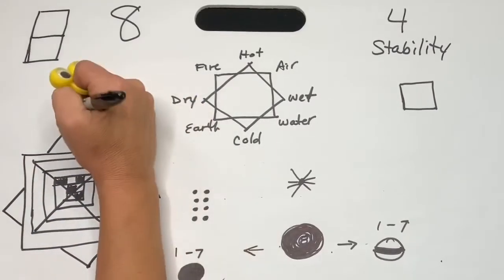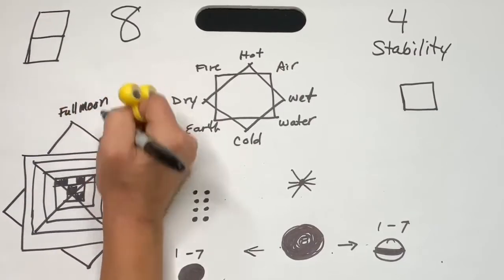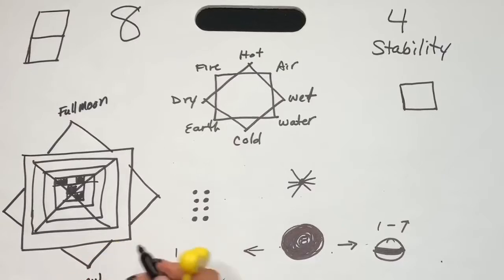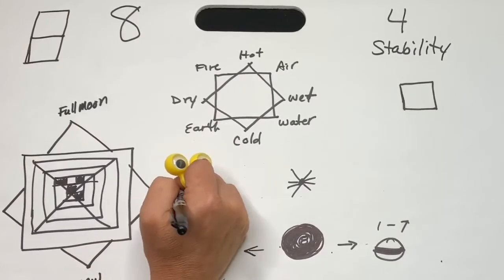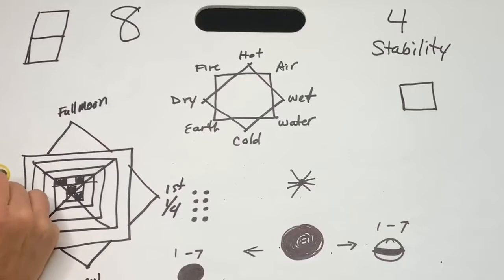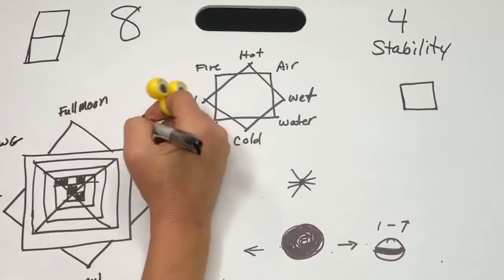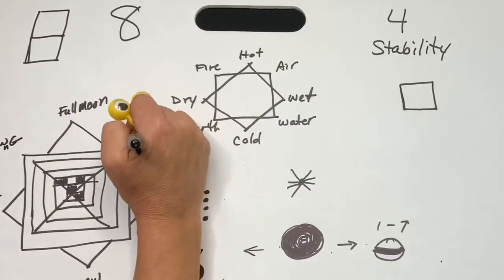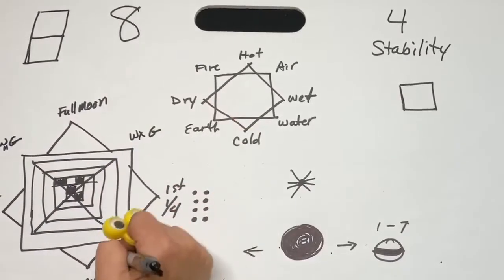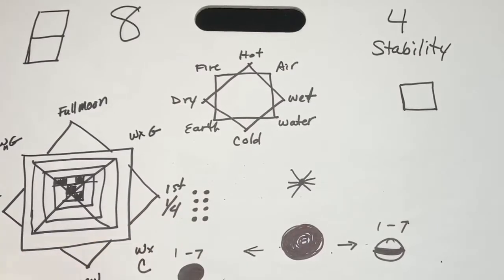And then we have the moon phases: full moon, new moon, first quarter, last quarter. Then we've got waning gibbous, waxing gibbous, waxing crescent, and waning crescent.